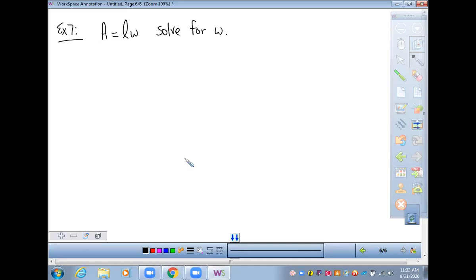So here's your area formula for a rectangle. Length times width. We want to solve this for W. Get W by itself. How do you think we're going to do that?